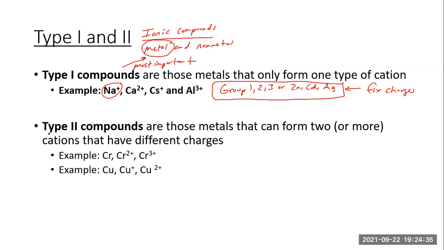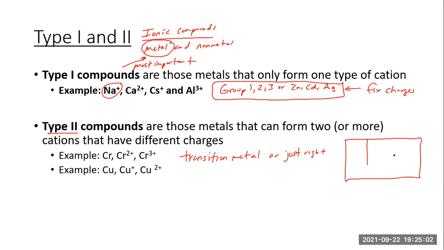Type 2 ionic compounds, the metal's also what you're looking at, but the metal basically comes from the transition metal, except for obviously zinc, cadmium, and silver, are just to the right. And what I mean by that is, if you look at the periodic table, this is our transition metal region.